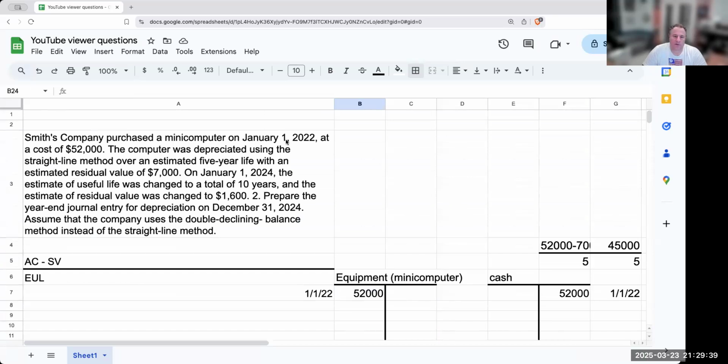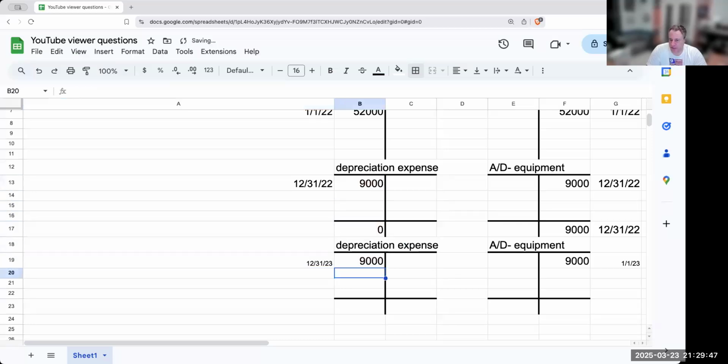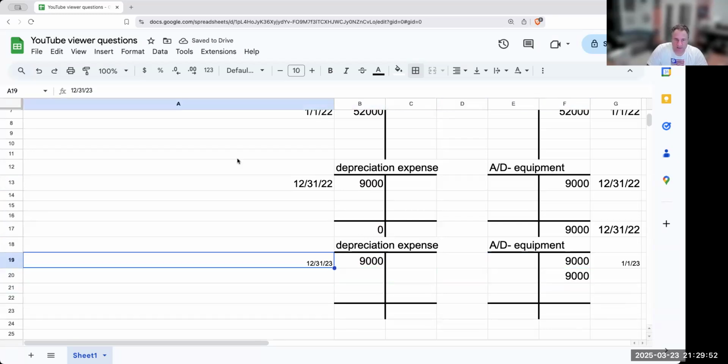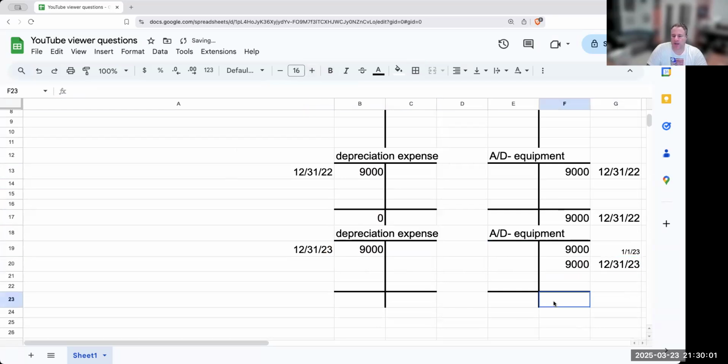So in 2022 and then 2023, because it's straight line, we're going to be doing the same exact thing: debiting depreciation expense and crediting accumulated depreciation on equipment. Now my balance in accumulated depreciation on equipment as of 12/31/23 is going to be 18,000, or that balance before plus the current year depreciation expense.